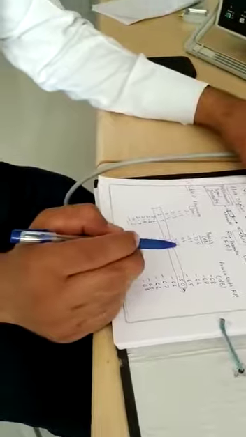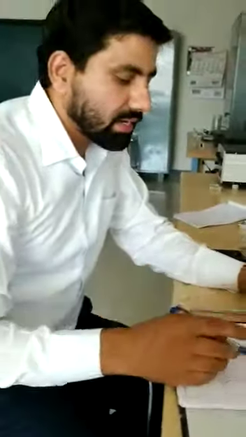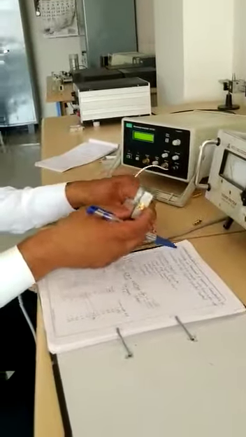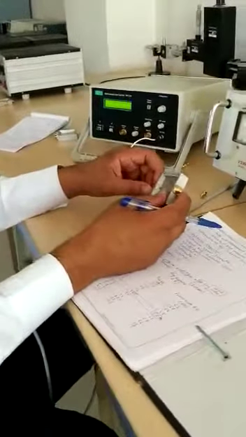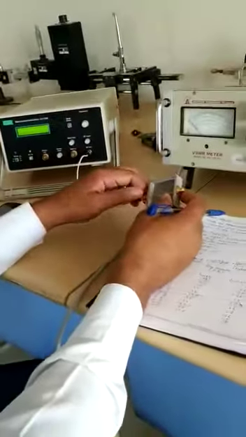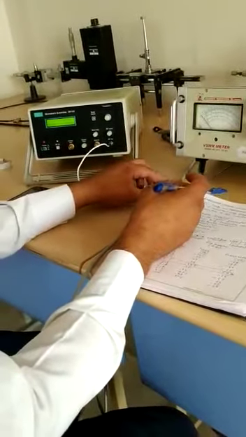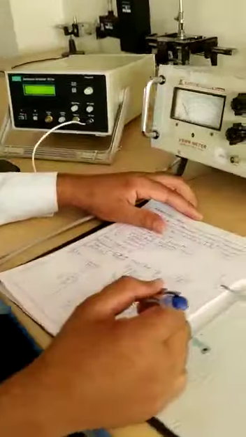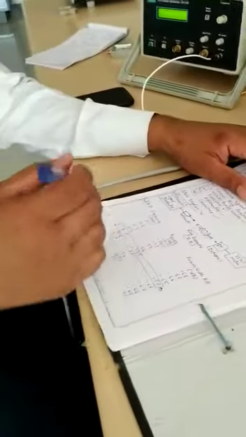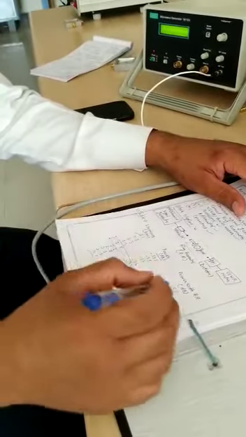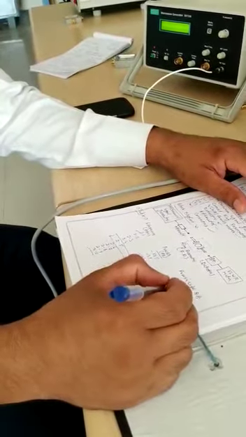After this, I connect this ring resonator circuit in between the power meter and the microwave signal generator, and then I repeat the same process, increasing the frequency from 2.1 to 3 gigahertz. Then I got the readings.